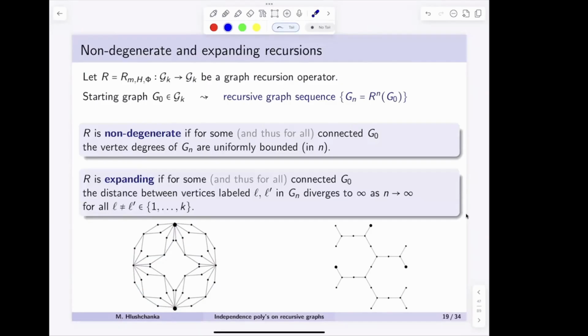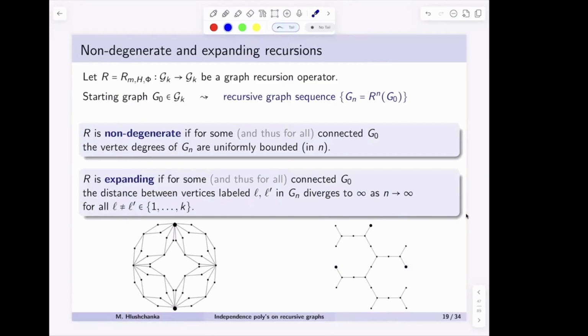And I want to also introduce one more definition. I say that the recursion is expanding if, for a connected starting graph, the distance between vertices having different labels diverges to infinity. So I have my graph from some iteration n, and I look at the distance between labeled vertices in the graph, and this distance should diverge to infinity.